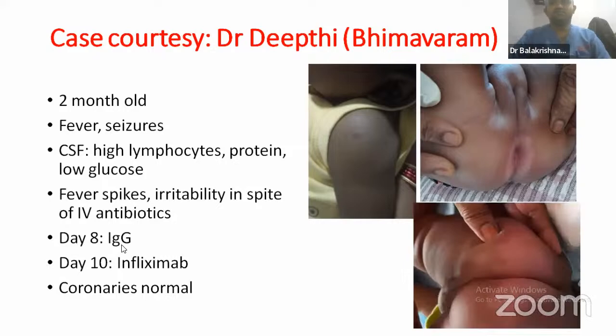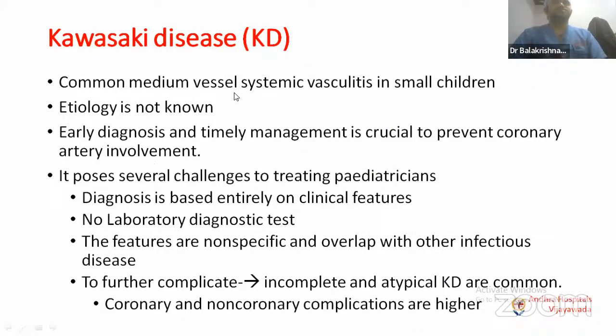The coronaries are normal. Kawasaki disease is a common medium vessel systemic vasculitis in small children. Etiology is not known. Usually it poses several challenges. Even for us, sometimes we take so much thinking whether it is incomplete or atypical Kawasaki. As such, in the last 3 cases we have seen, there is no specific lab test. It is entirely based on clinical features.